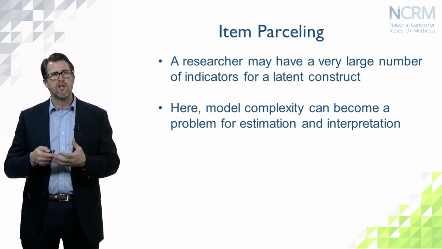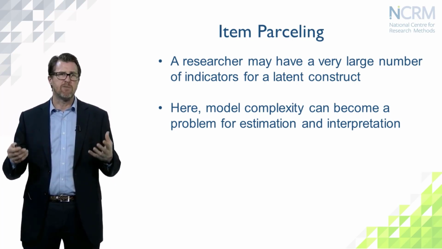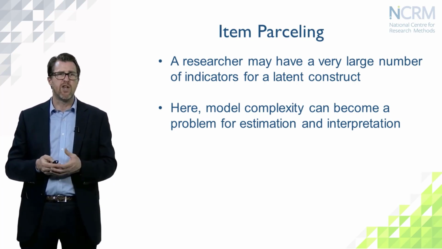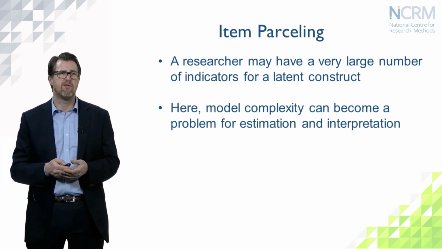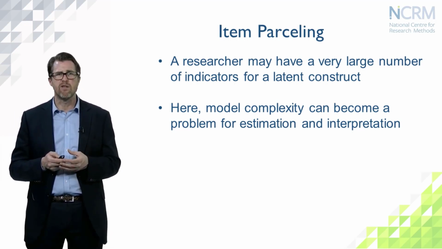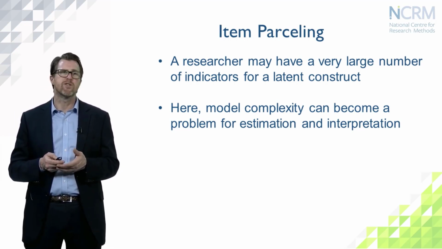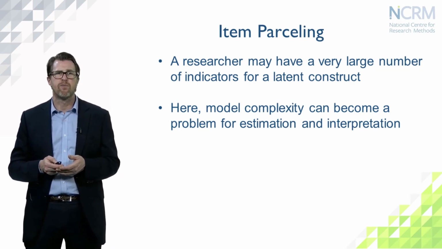Simply because there are so many relationships in the observed data, because there are such a large number of indicators and latent variables. And this is often combined with sometimes quite small sample sizes, which can add to this problem.